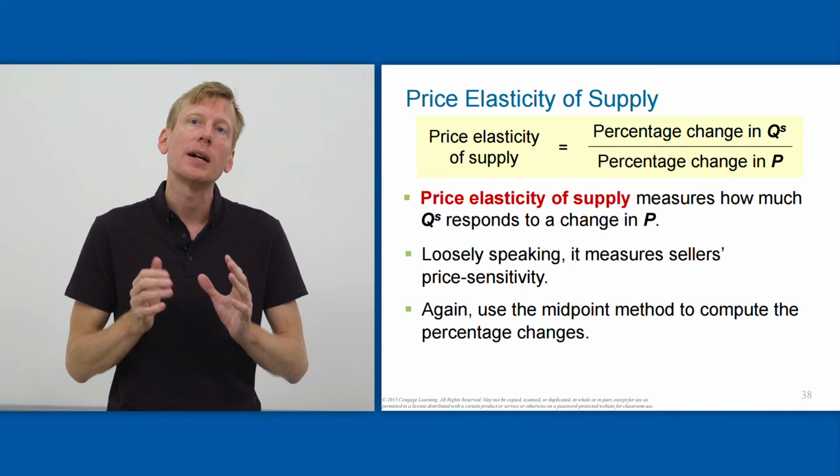So, businesses' price sensitivity. For own price elasticity of supply, again, because we want our measure to be consistent, use that midpoint method to calculate the percentage change in price. Use the midpoint method to calculate the percentage change in quantity supplied. Divide the latter by the former.